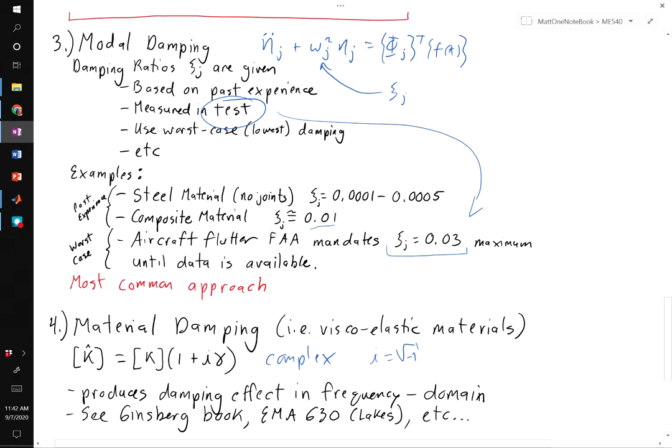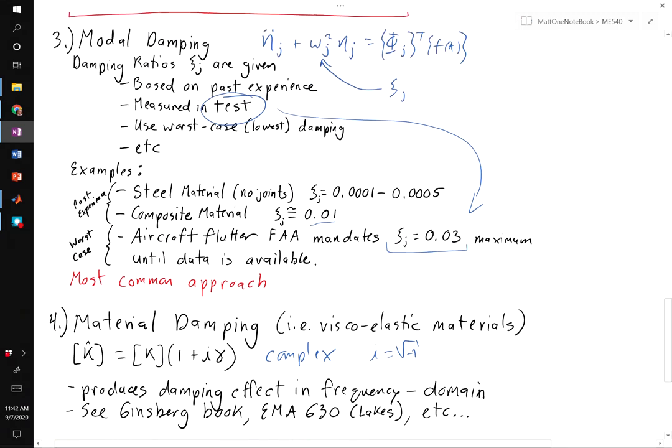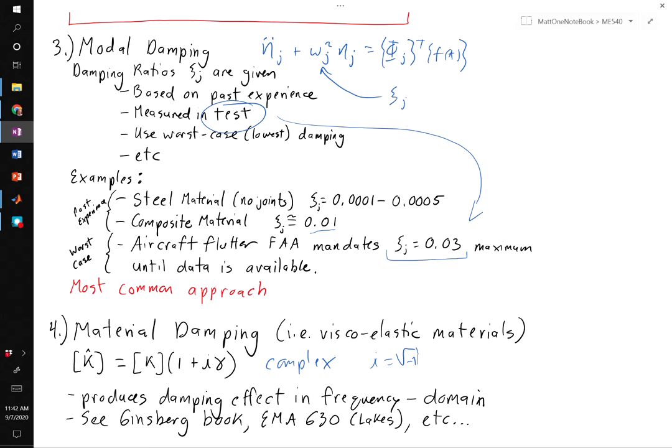This only works in the frequency domain, so we can't really go through this. We haven't reviewed that yet. But in the frequency domain, you do get a damping matrix, a damping-like matrix. And so in any event, the book talks through this. For the purposes of this class, if we're given a loss factor gamma, the only thing you really need to know is how do we calculate the zetas.